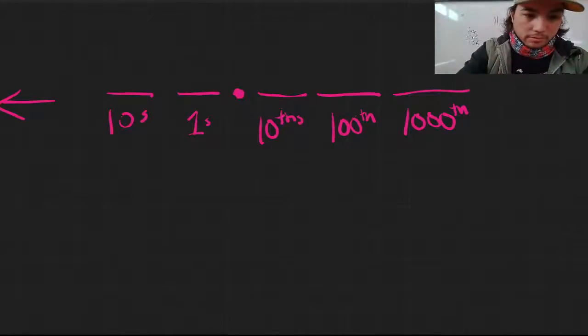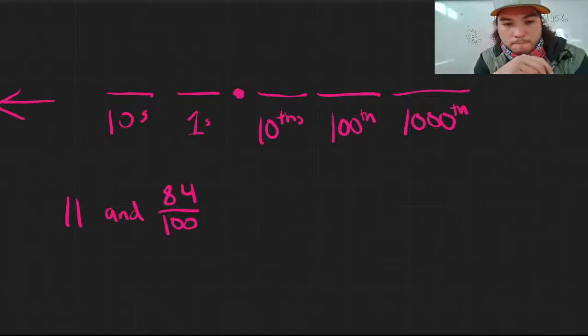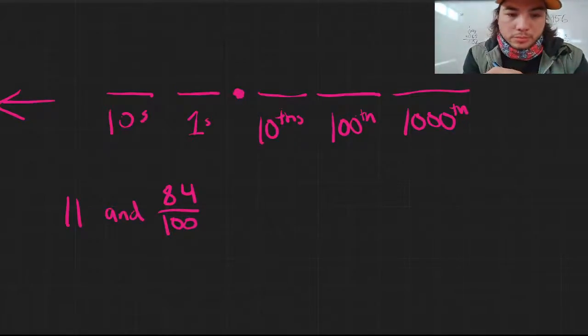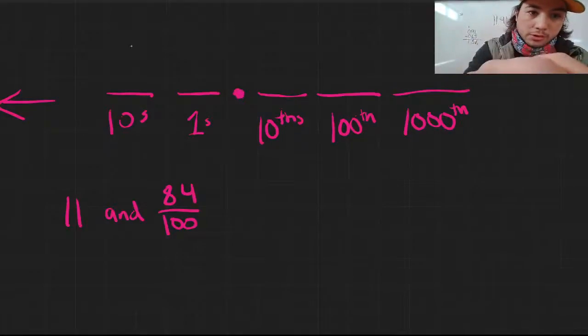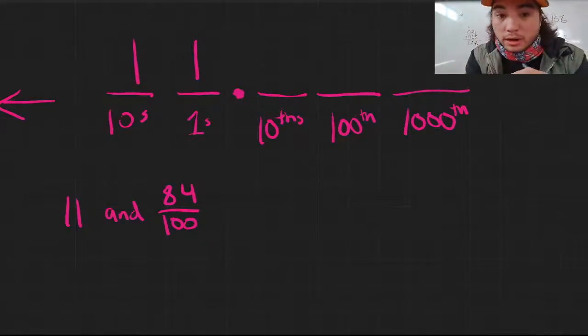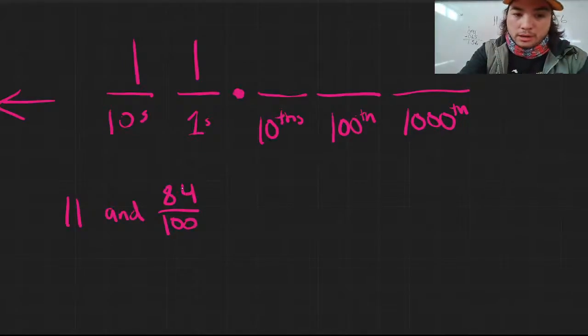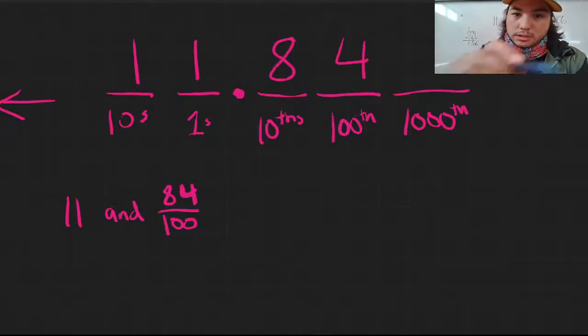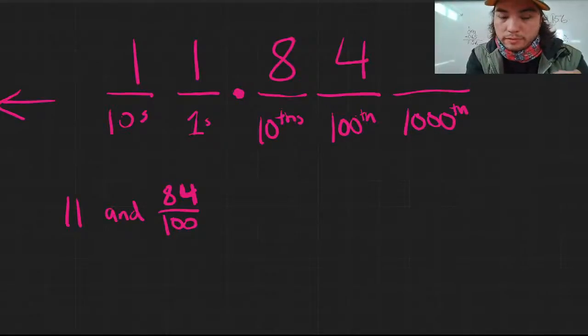We know we have 11. 11 and 84 hundredths. Okay, this one's pretty self-explanatory, right? 11 is our whole number. And our 84, making sure that the rightmost place is in the hundredths place. So 11 and 84 hundredths.